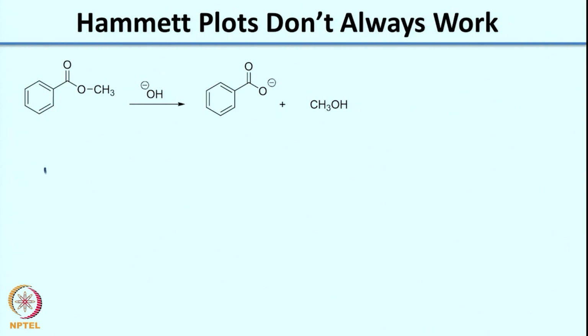Now, suppose I have one mechanism, OH minus, it would come in and you would get a tetrahedral intermediate.